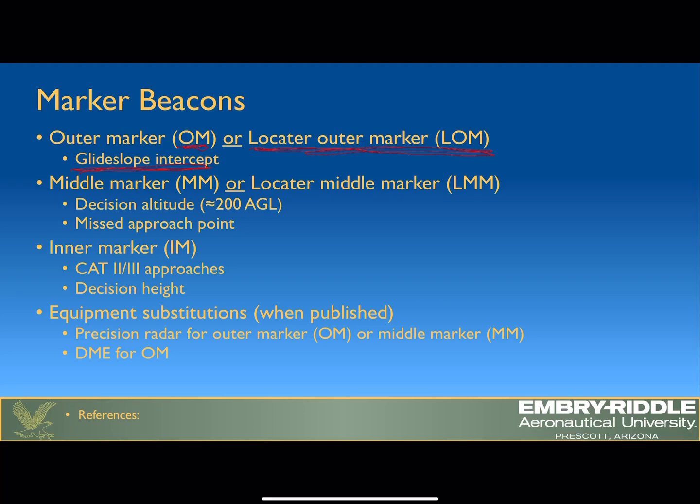Then we can move to the middle marker, or the locator middle marker, the LMM. And this indicates our decision altitude. Our decision altitude is about 200 feet AGL off the ground, or what is also called the missed approach point. This is in instrument flying.